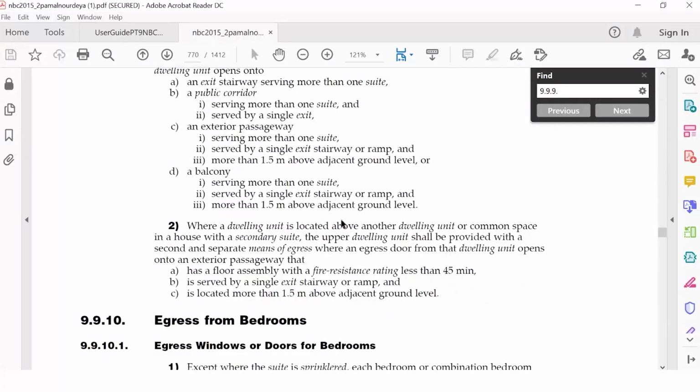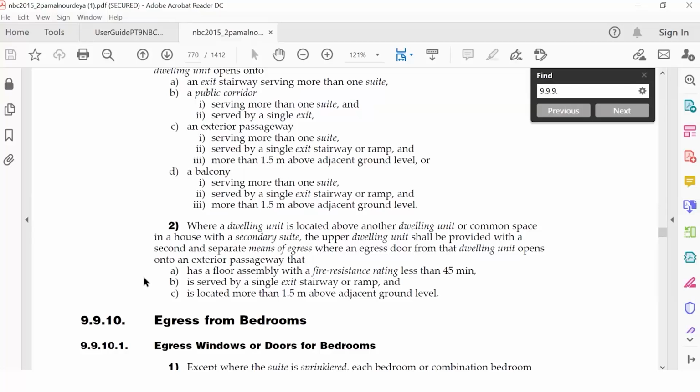Where a dwelling unit is located above another dwelling unit or common space in a house with a secondary suite, the upper dwelling unit shall be provided with a second and separate means of egress when an egress door from the dwelling opens onto an exterior passageway that has a floor assembly. Then it's got special provisions for the separation of that exit for the dwelling above in order to protect it from a fire from the unit below.